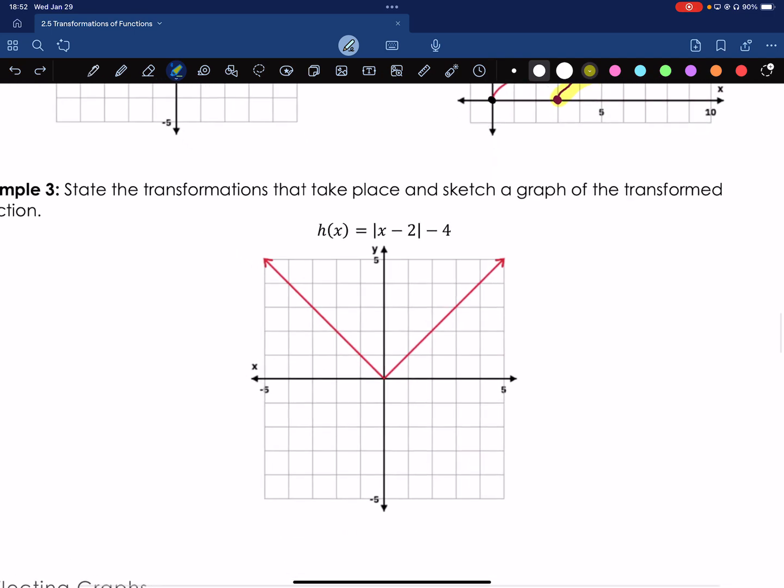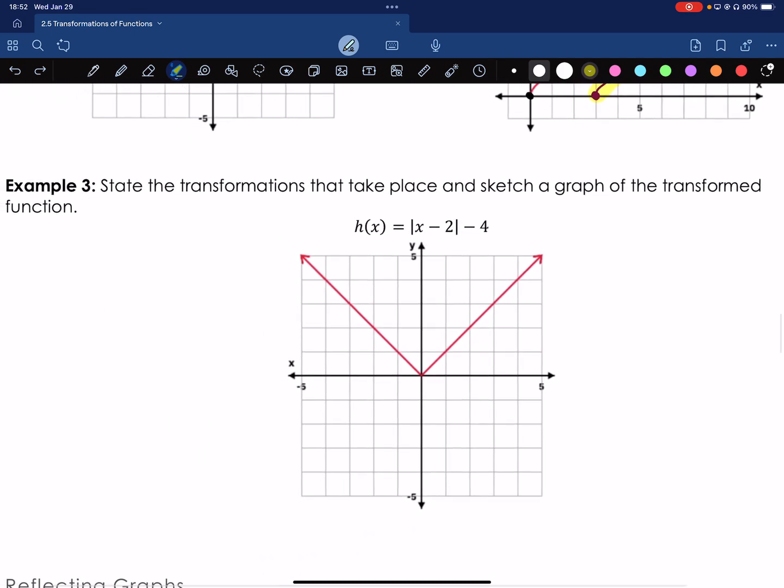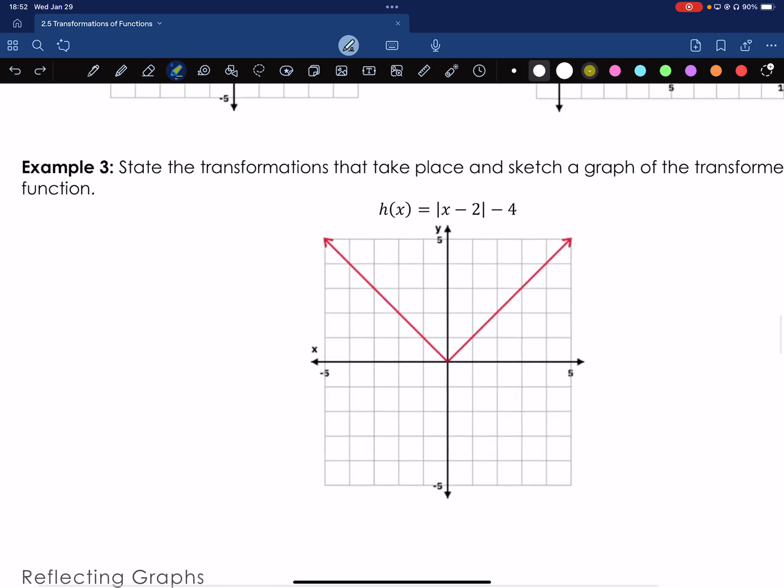So in this example right here, this is showing you what it looks like when you combine both of those together. So we have h of x equals the absolute value of x minus 2 and then minus 4. This is to clearly show you the difference between something that is inside the function versus outside the function.